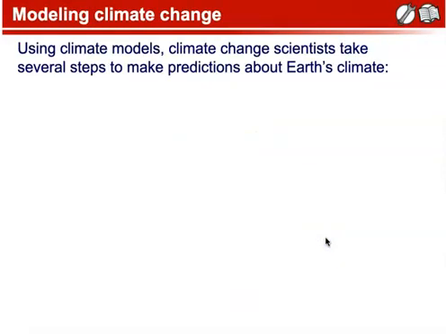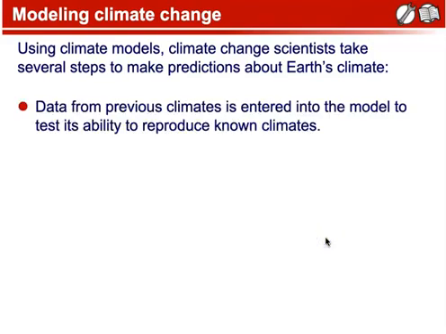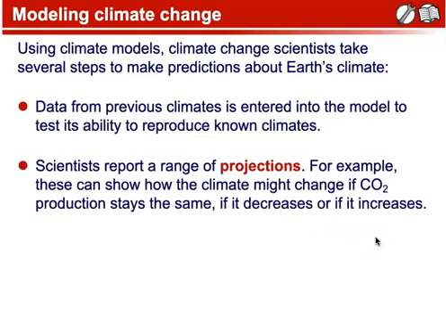Modeling the climate. Using climate models, climate change scientists take several steps to make predictions about Earth's climate. Data from previous climates is entered into the model to test its ability to reproduce known climates. Scientists report a range of projections.